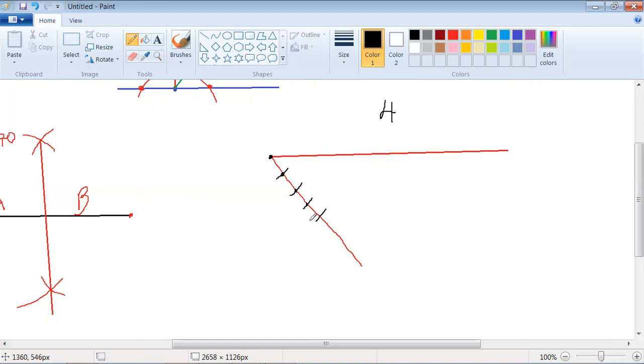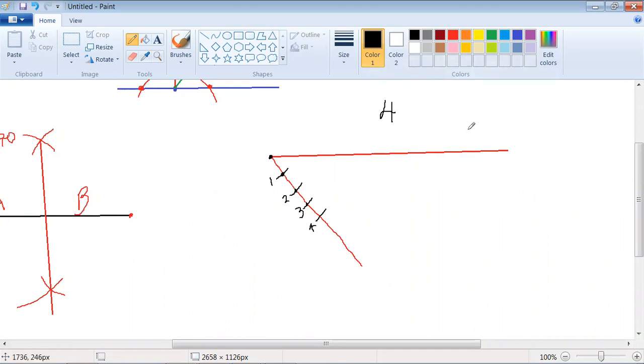If it's 6, we mark 6. If it's 10, you put 10 divisions here. In this case, to make the exercise shorter, I'm just using 4 divisions. We call them number 1, number 2, number 3, number 4.